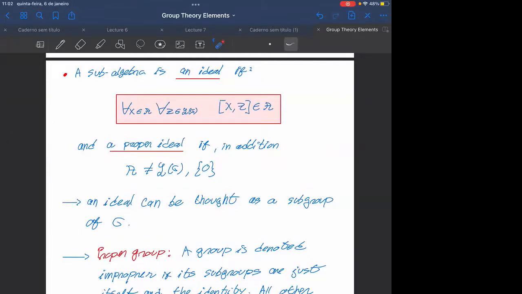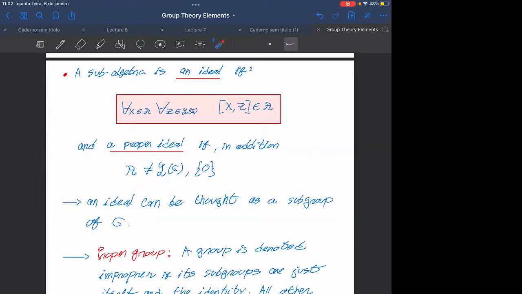But this that is on the screen now is what I was telling you, that for two generic algebras, we have some algebra A and some algebra LG, where the generators of A, when they commute with generators Z that are the generators of LG, it gives something that is contained in the algebra A, and we say that A is a proper ideal if, in addition, we have A different than LG or the zero element.